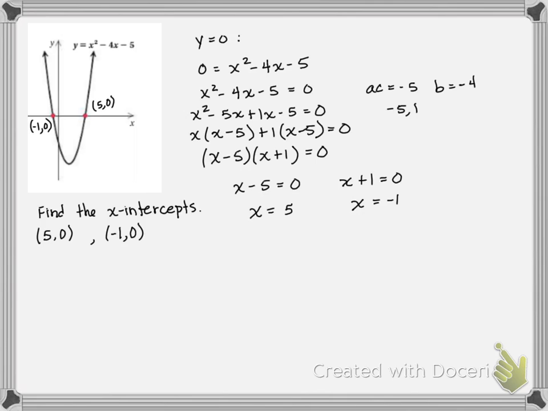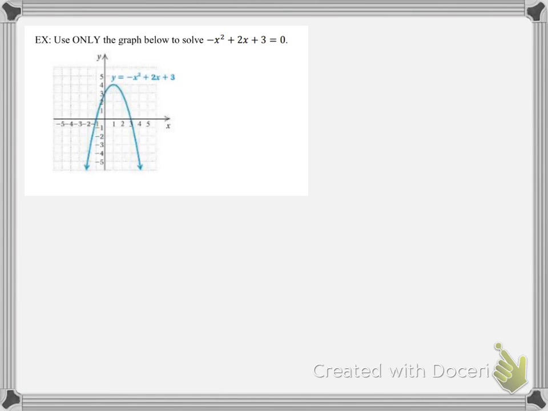So here, notice that they give you an equation that has two variables in it, and they say this is the graph of that entire equation, and you're going to put a 0 in for y to find two specific points on the graph. So we are doing the algebra to find information about that graph. On this one, they give us just an equation to solve, but they say use the information from the graph to solve it.